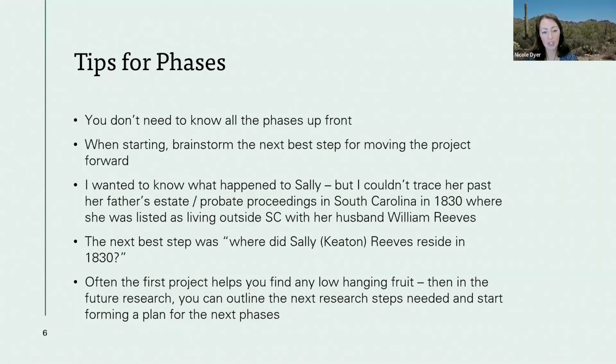And the next best step I could think of was, where did she live in 1830? Because there was a census that year, and I thought maybe I could track William Reeves down. So often this first project is kind of a survey, finding that low-hanging fruit, the easy records that can help you outline the next research steps that you need to do, and then start planning for the next few phases.